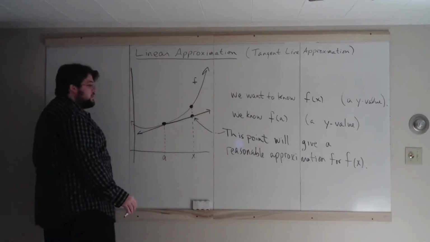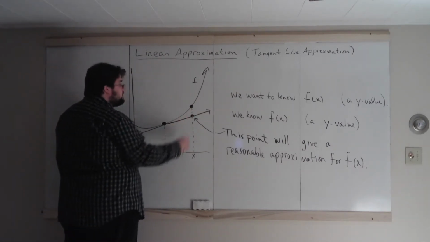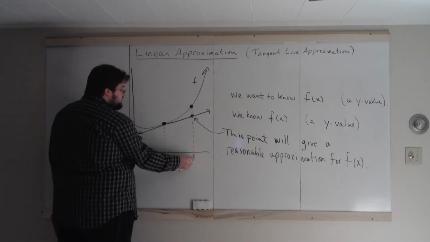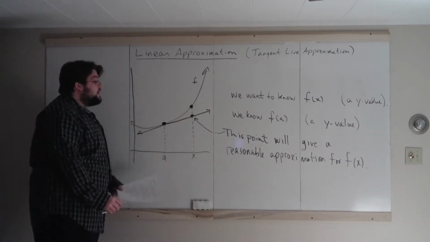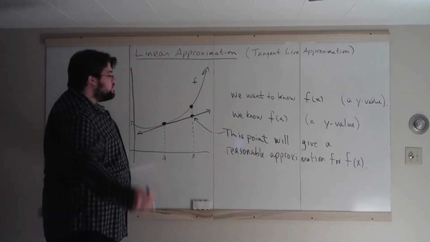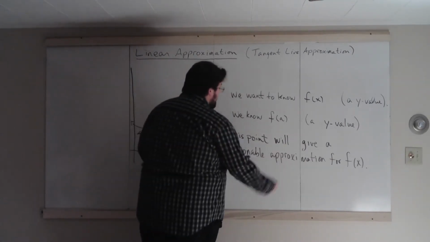So notice this is an approximation, so there is a difference between the actual f of x value and the f of x value we'll find using the tangent line. But our goal here is to use the derivative to find an approximation.